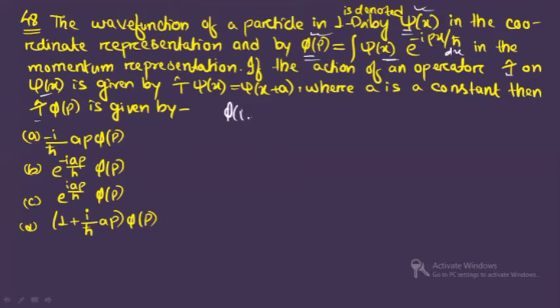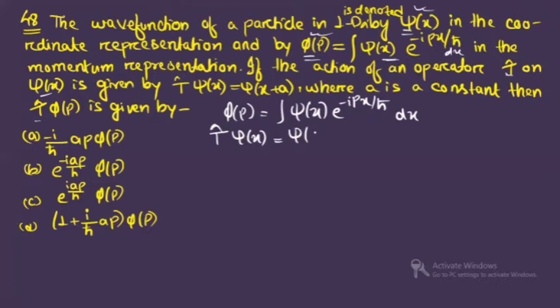So if you see, what are the given things? phi(p) is equal to the integration of psi(x) e to the power minus i p x by h cut dx. This is the momentum representation. And T psi(x) equals psi(x + a).